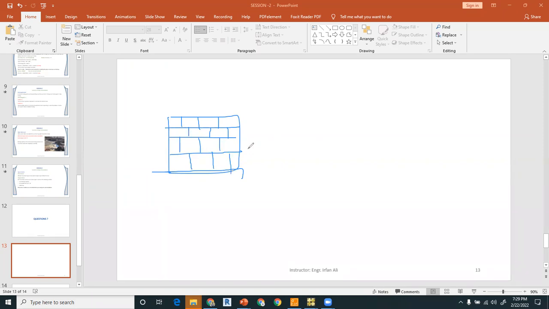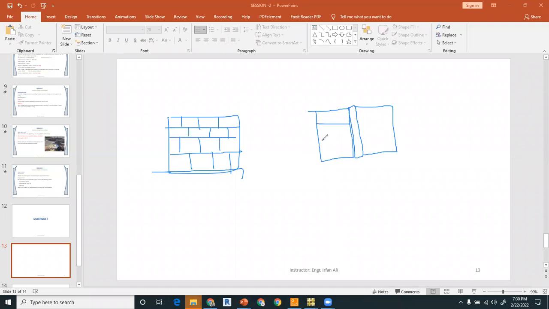तो ये इज कॉल्ड द अनकन्फाइंड ब्रिक मैसनरी। लेकिन अगर आपके पास यही वॉल है और इसके मिड में मैं एक कॉलम प्रोवाइड कर लूँ, which is normally equal to the thickness of the wall. For example, this is the column and this column is normally equal to 9 inches cross 9 inches.